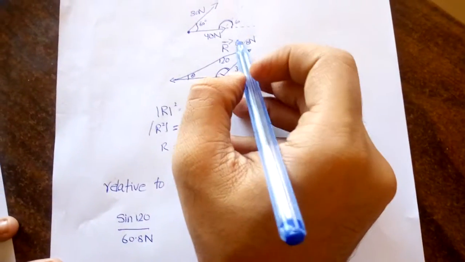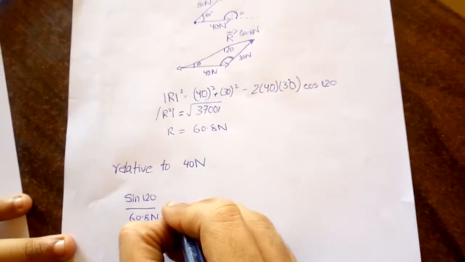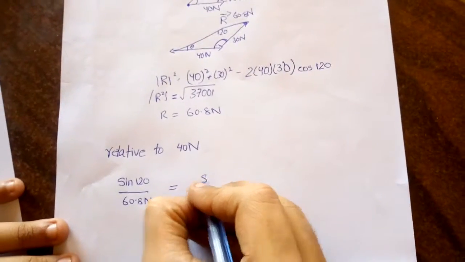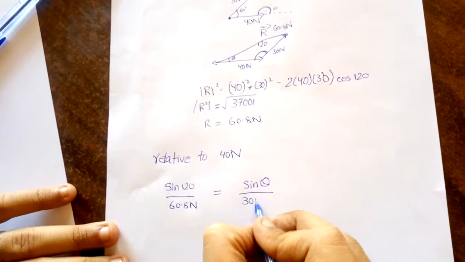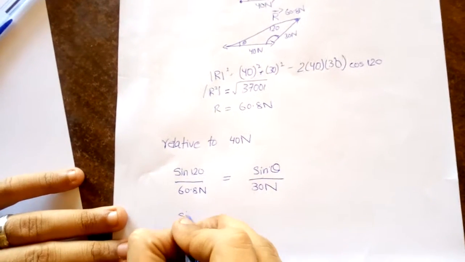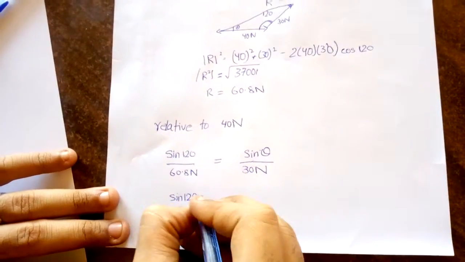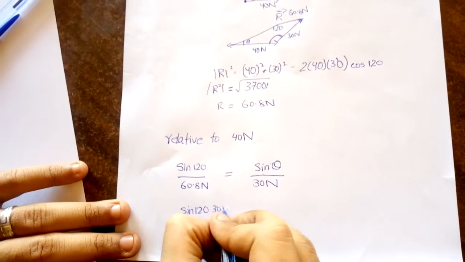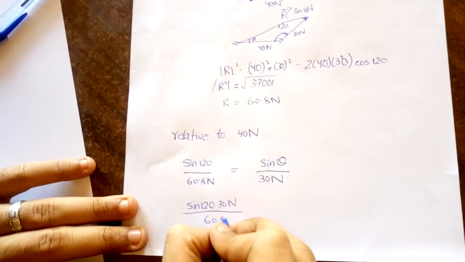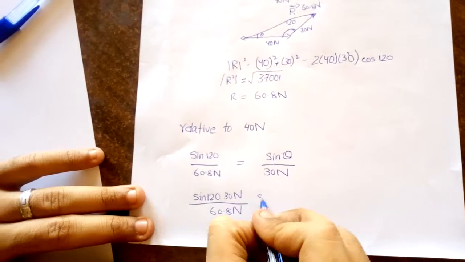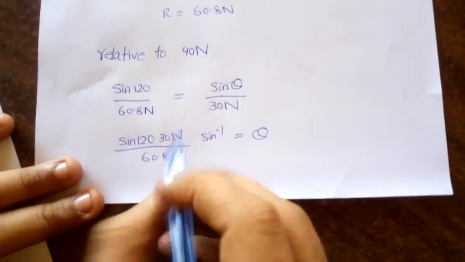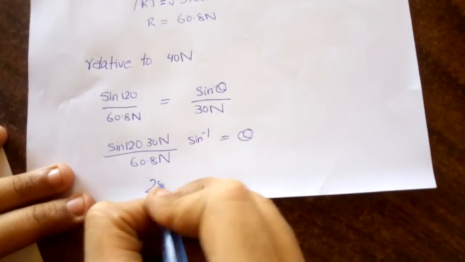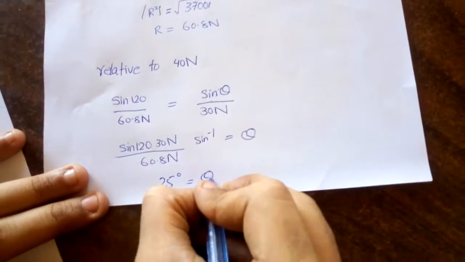So 120's opposite side is this one, is equal to sine theta over its opposite side, which is 30 newtons. So now it will look like this. Once you multiply this with this over this, and as we want theta, we will bring the sine inverse here. Sine inverse is equal to this. After using your calculator, you'll get the answer, which will be 25 degrees for this one.